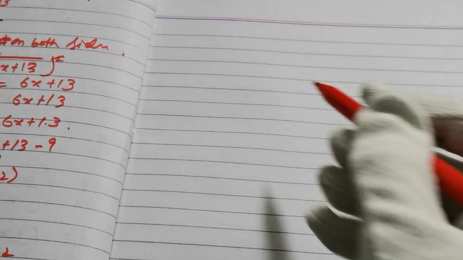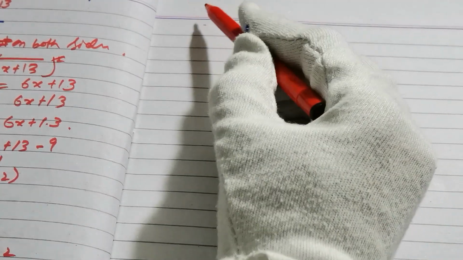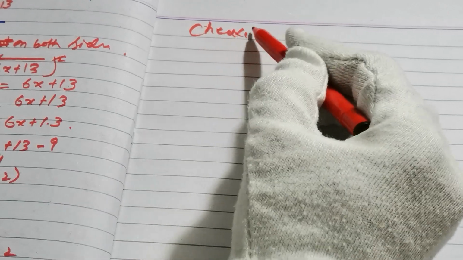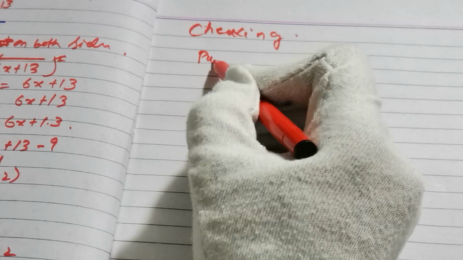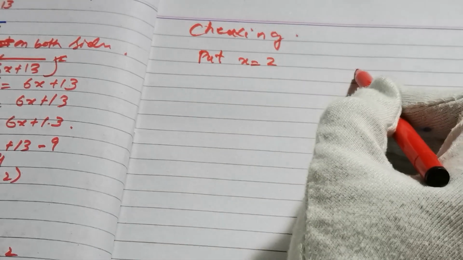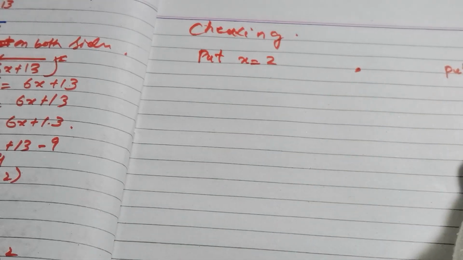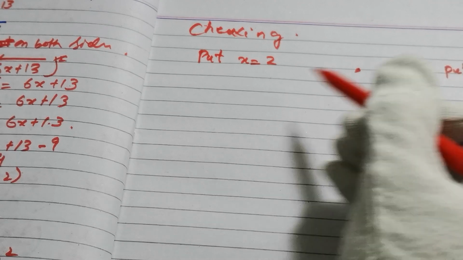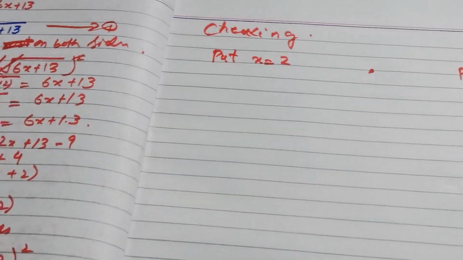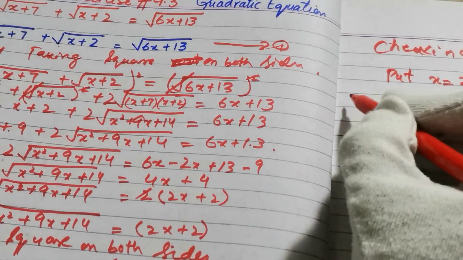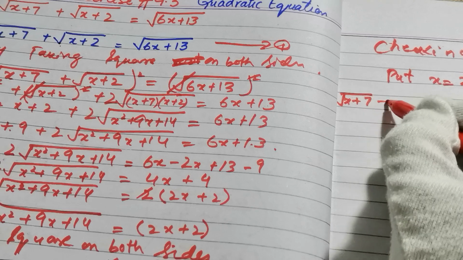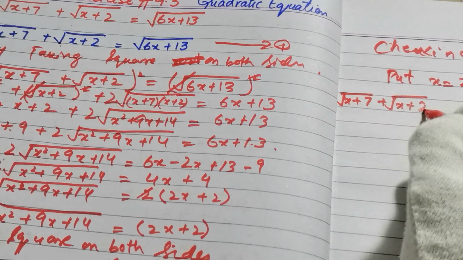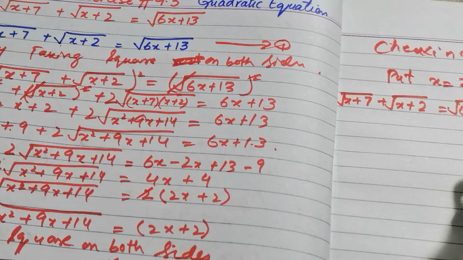Now we check. How to check? Put x is equal to 2, put x is equal to minus 5 by 3. First of all, put x equal to 2 in equation 1. Equation 1 is this question: under root x plus 7 plus under root x plus 2 is equal to under root 6x plus 13.